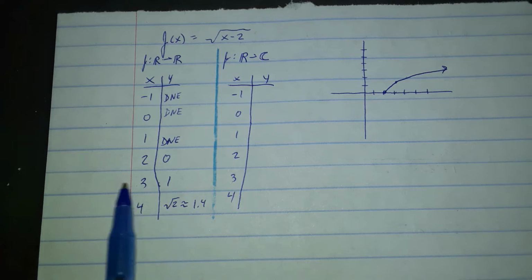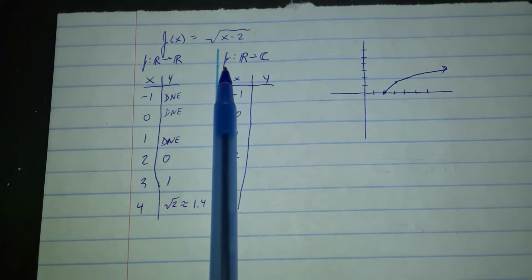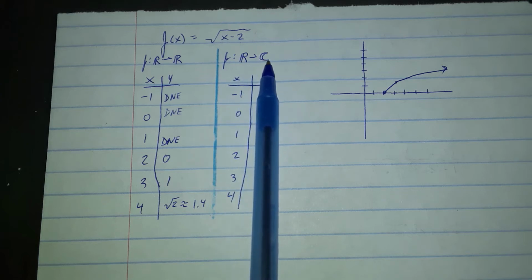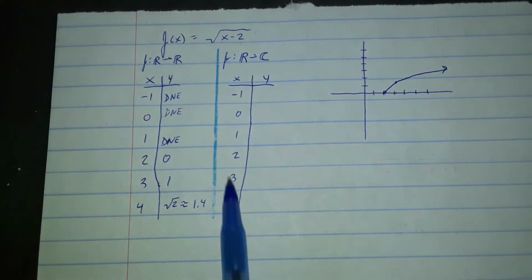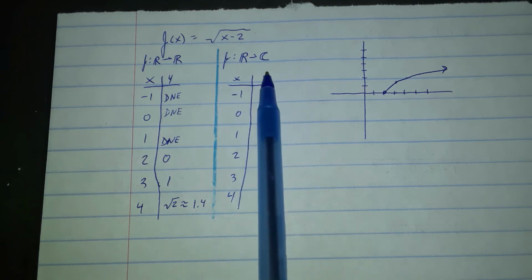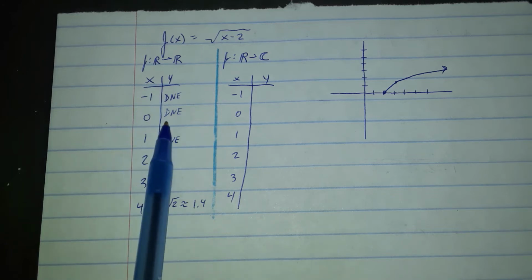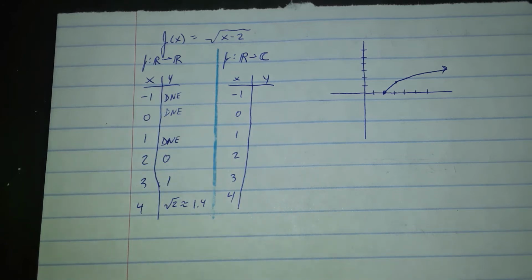This next one, I'm going to define the same function j from the real numbers to the complex numbers. So I'm going to start in my x column with real numbers, and in my y column, this time I'm going to allow complex numbers. And we're going to take a look at how this xy table compares to the other xy table.